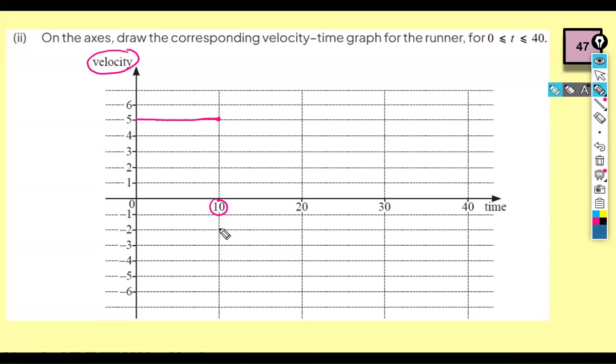So after 10 seconds, you just go down to -2 and draw a straight line all the way to 40. I know it looks weird, but this is the graph the examiner wants. Because for the first 10 seconds, the velocity is 5, and then it switches almost immediately to a velocity of -2, indicating that the object has reversed or is going the opposite direction.